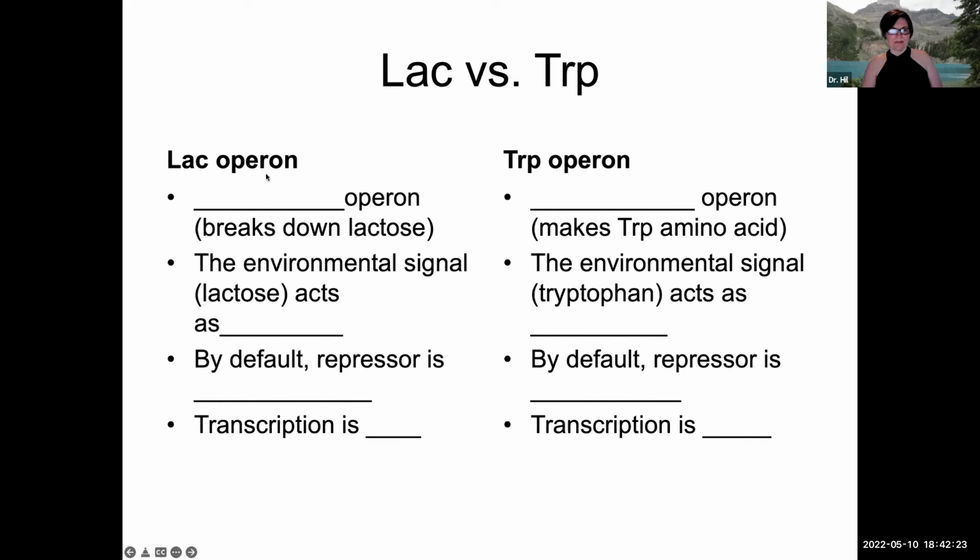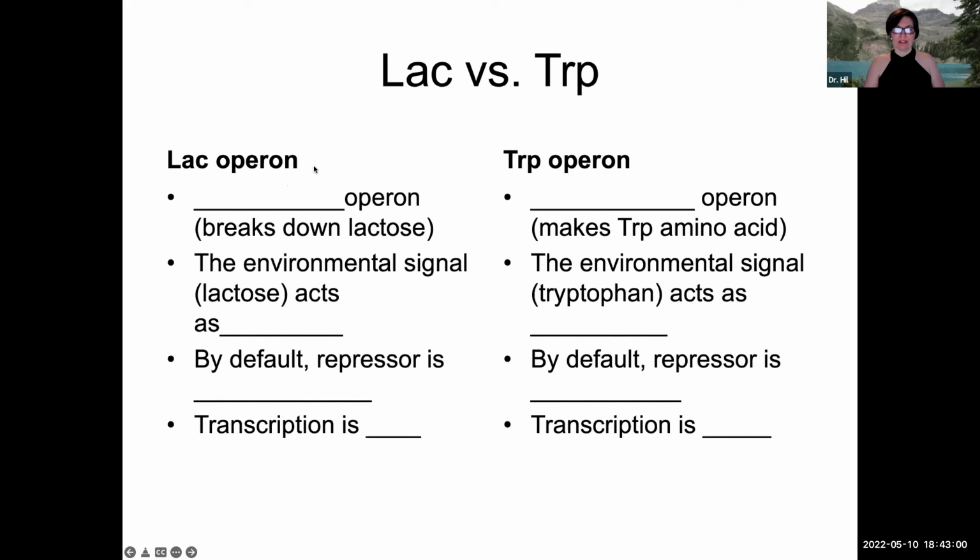Catabolic operons for things that are not glucose are typically regulated as inducible or as repressible. If you don't know, you can put a question mark, but if you do know, put in your answer. What was the lactose operon, right? Is it inducible or repressible?